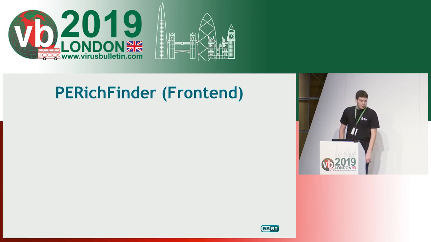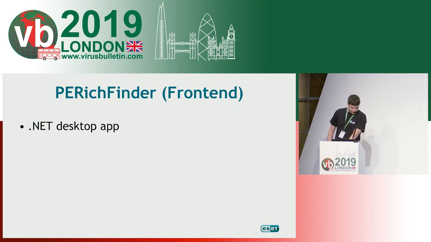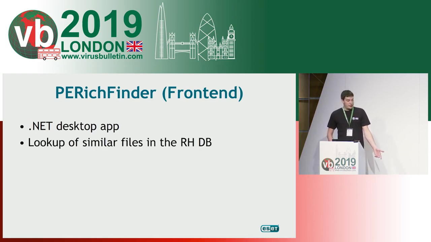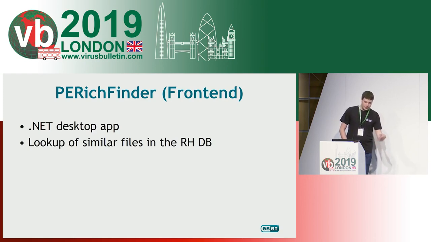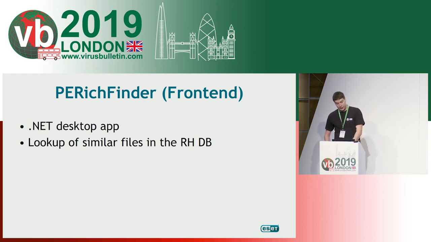Then the front-end part, we call it PERichFinder, or the client. It's a .NET application, since performance is not that important here. It's meant to look up similar files in the database.